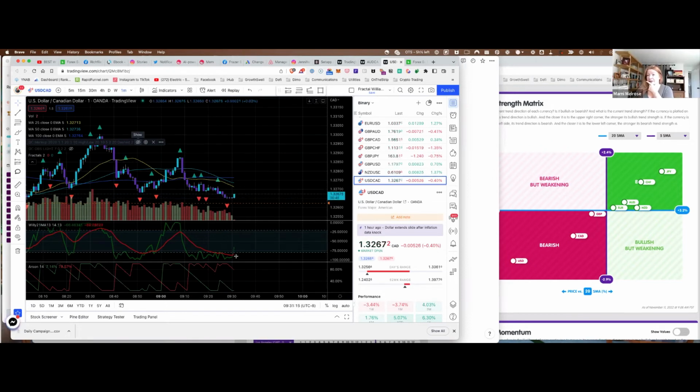Oop, we just crossed the green, but we haven't closed, right? So we need to wait for that to get to 0 before we can count that, right? Because every time we can cross over all at once, but if it doesn't close the candle, it's not a real trigger, right?